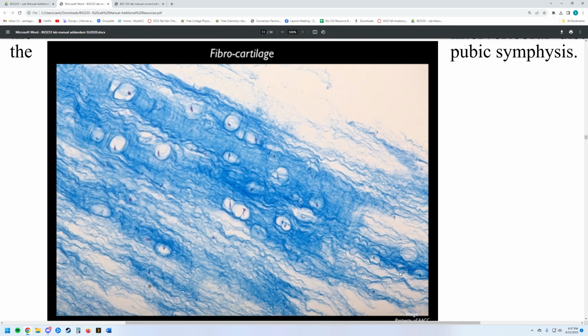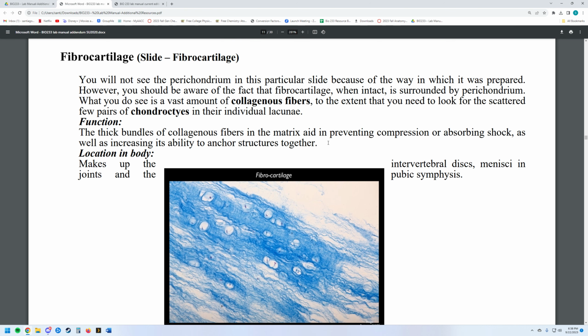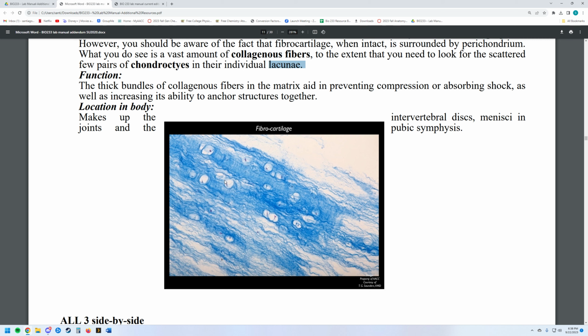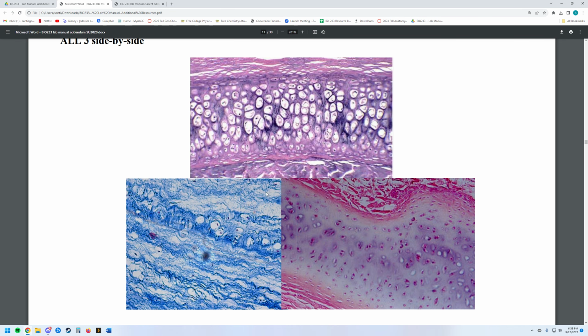All right, so fibrocartilage is wavy and it's all over the place, so you're just looking for the lacunae, which have the pairs of chondrocytes inside, which are clear because of how it's prepared. All three side by side.